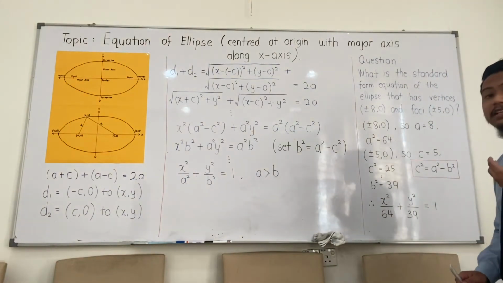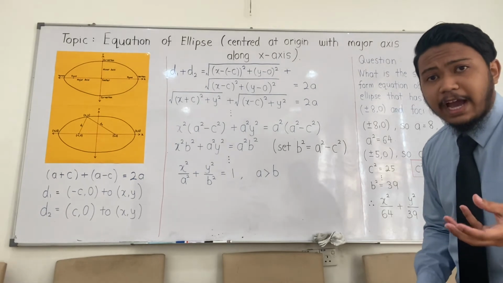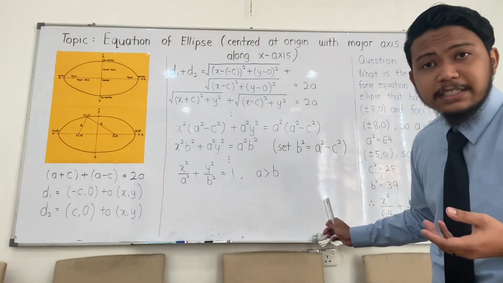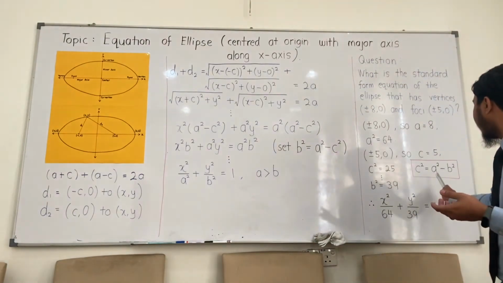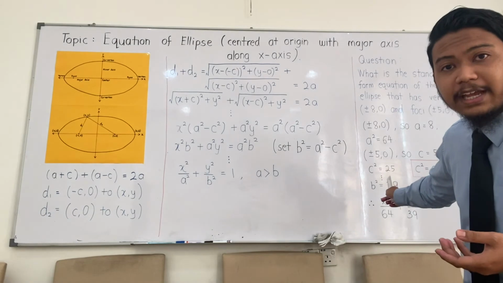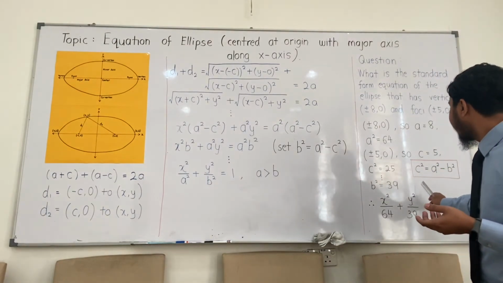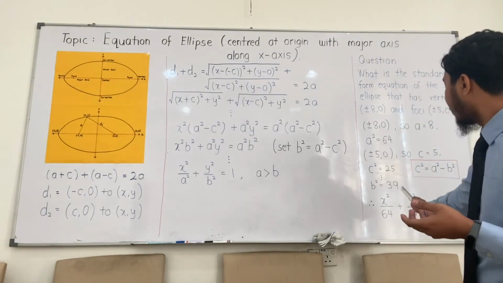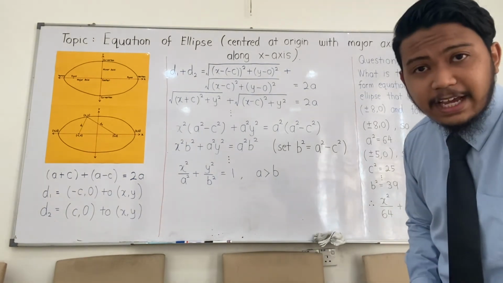Then by using the equation for an ellipse, which is c squared equal to a squared minus b squared, by applying this equation, we can get the answer for b squared, which is equal to 39.